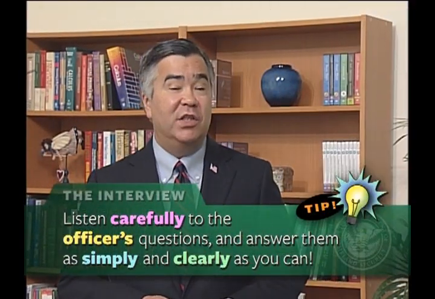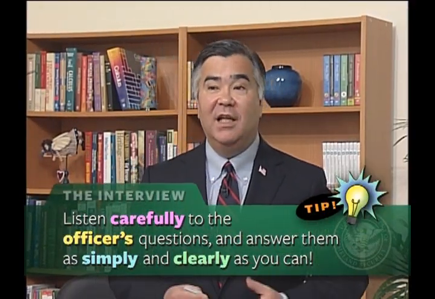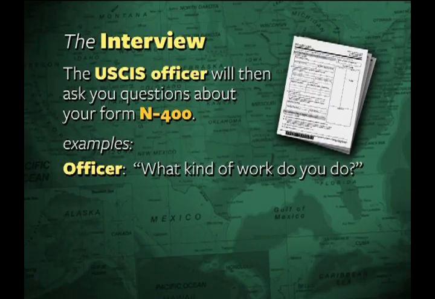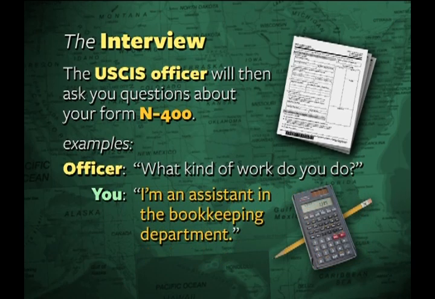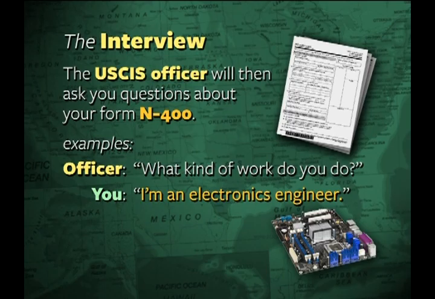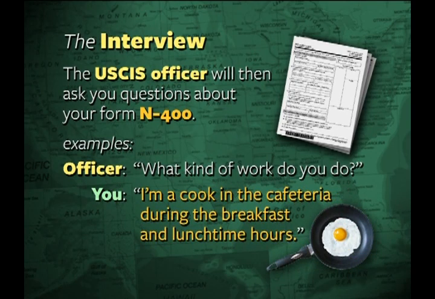Listen carefully to the questions and answer them as simply and clearly as you can. If you can answer with a simple yes or no, that is fine. If an answer requires a little explanation, provide that explanation. For example, if the officer asks, "What kind of work do you do?" you might say something like, "I deliver supplies from the warehouse to offices all over the building," or "I'm an assistant in the bookkeeping department," or "I'm an electronics engineer," or "I'm a cook in the cafeteria during the breakfast and lunchtime hours."